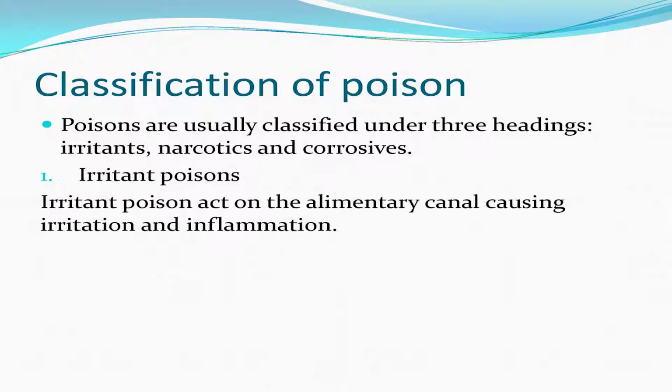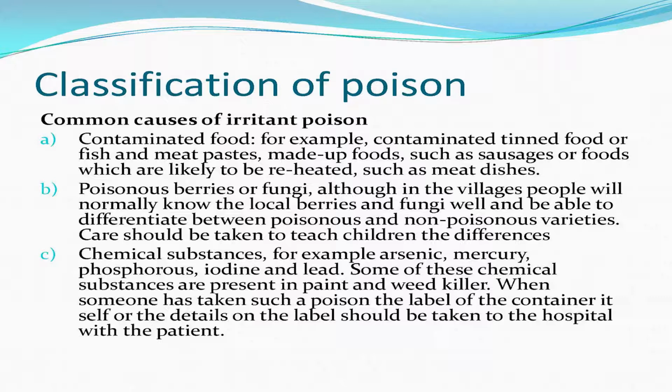Common causes of irritant poisons are basically the ones that act on our digestive tract. For example, contaminated tinned food or fish and meat paste, poisonous berries or fungi, and chemical substances, for example, arsenic, mercury, and the likes.